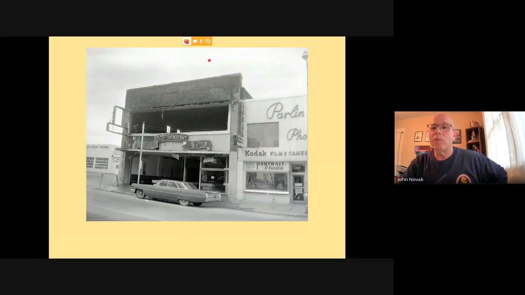And this is what the building looked like after the fire. Here's the party wall. There really wasn't much damage on the first floor. All the fire was up here, and this was a pool hall up here. Again, a parapet up here, okay?